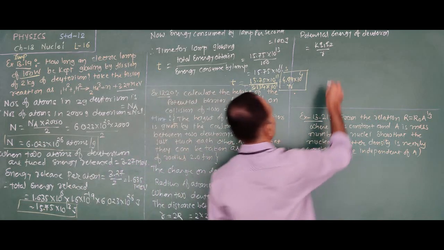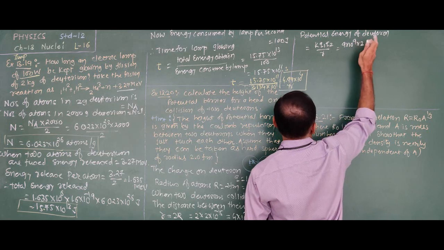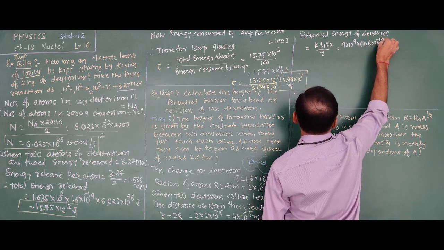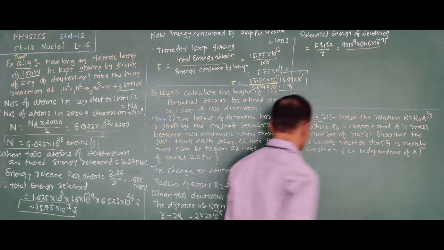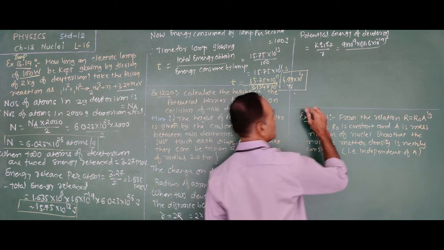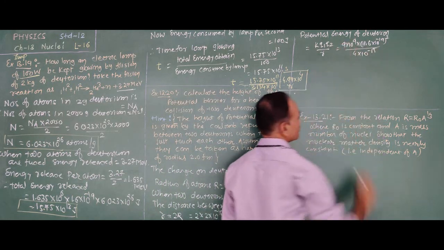We know the value of K, 9 into 10 to the power 9, into 1.6 into 10 to the power minus 19 whole square upon r, the separation between their centers, 4 into 10 to the power minus 15.